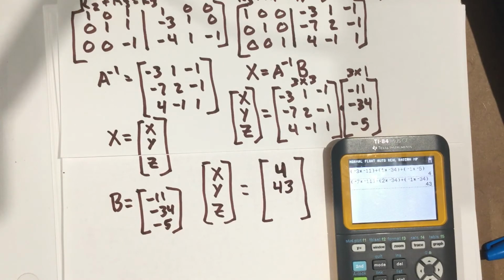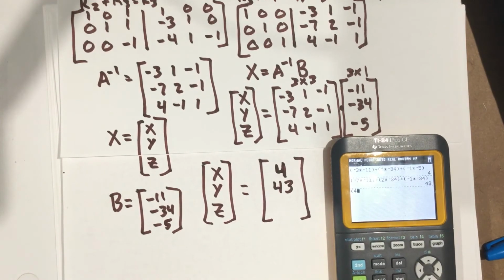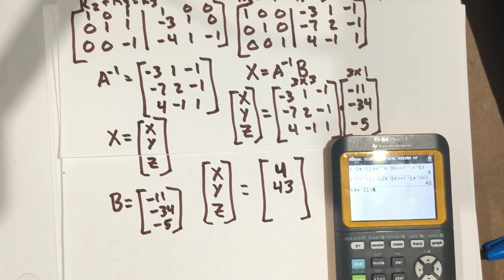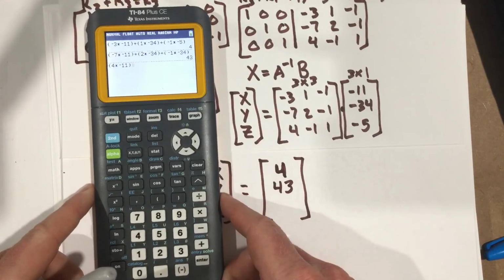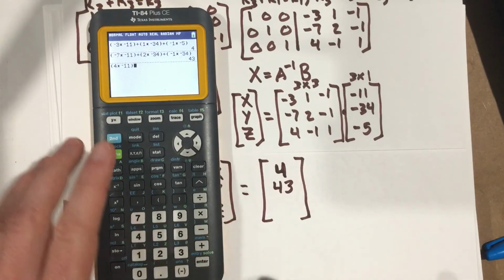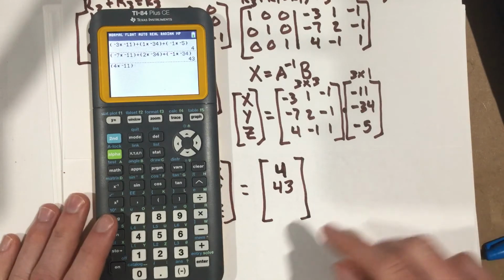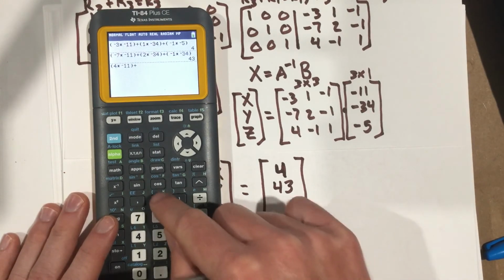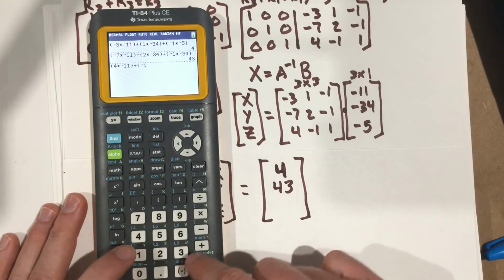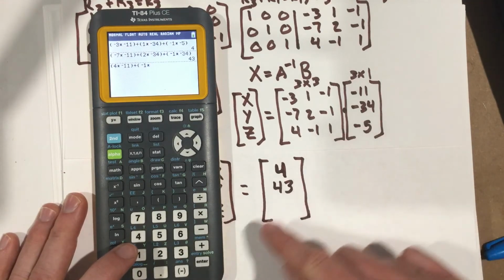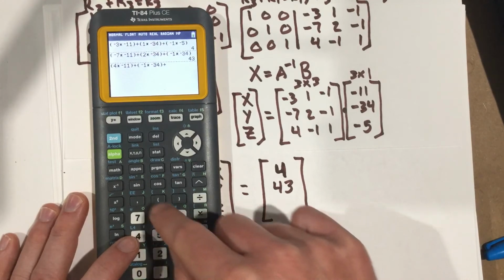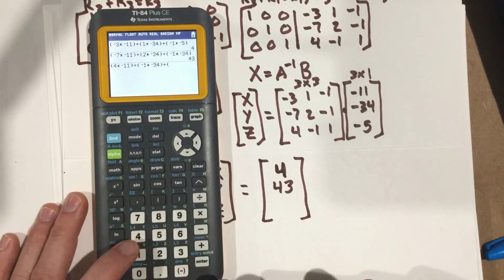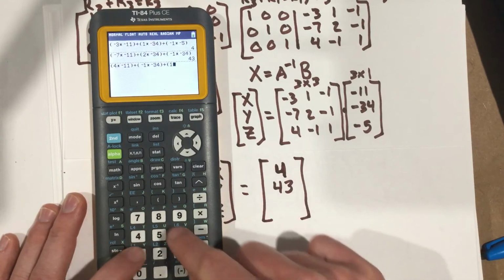And finally, we're going to take 4 times -11. I'm going to move this over here so it's a little bit better than that. So 4 times -11 plus -1 times -34 plus 1 times -5.